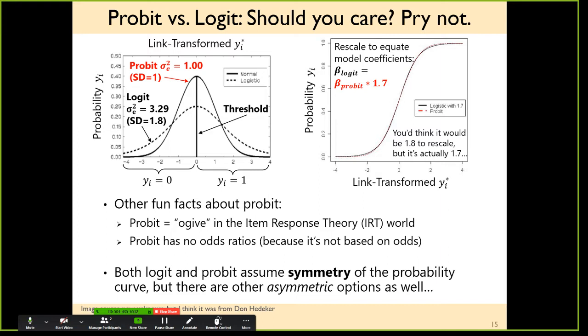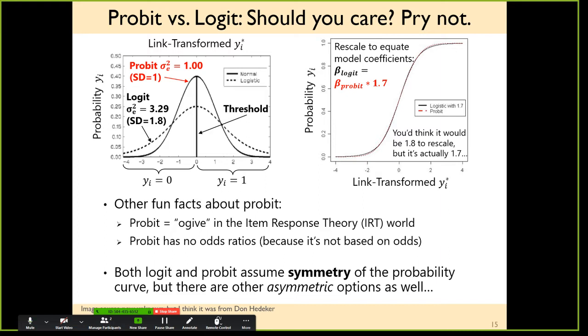If you believe that the continuous underlying response is logistic, it has a variance of 3.29. If you believe that your continuous underlying response is normally distributed, that's probit with a variance of 1. And if you take your probit coefficients and multiply them by 1.701, you can go many decimals out, this is the difference in what the model predicts.